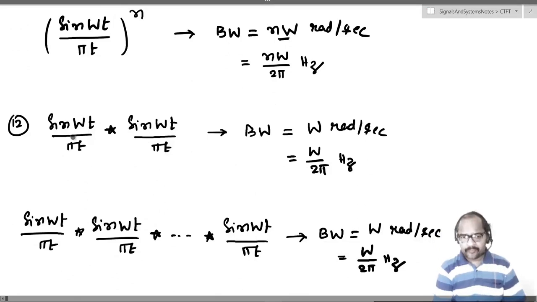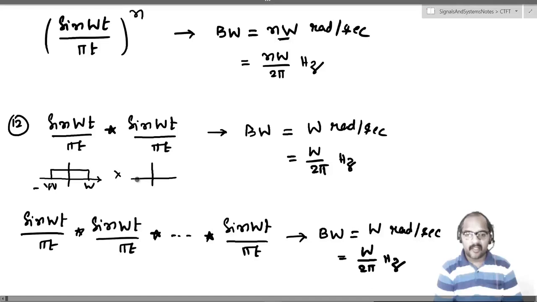So next example, let us take sin(Wt)/(πt) convolved with sin(Wt)/(πt). We want the bandwidth of this whole signal. If you look at the corresponding Fourier transform, you get a rectangle from minus W to plus W, multiplied with another rectangle again from minus W to plus W. The amplitudes will be 1.